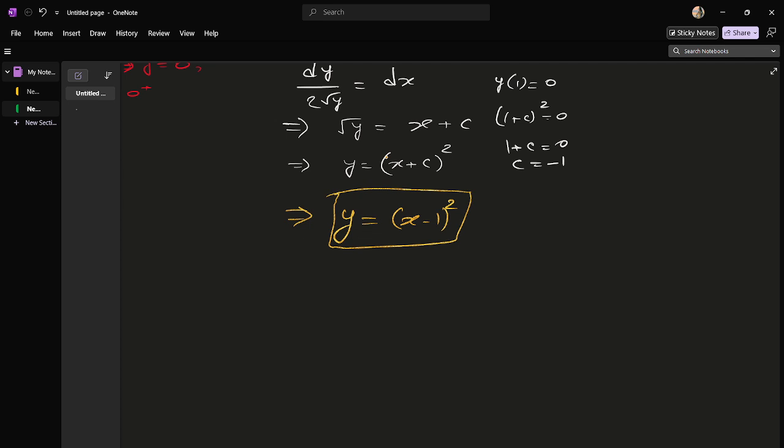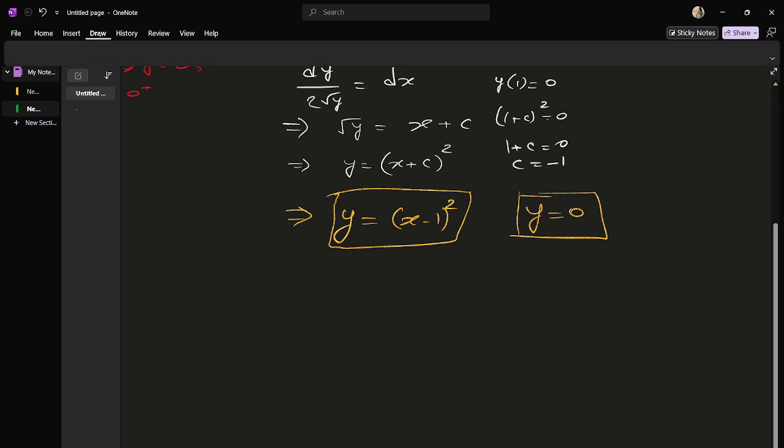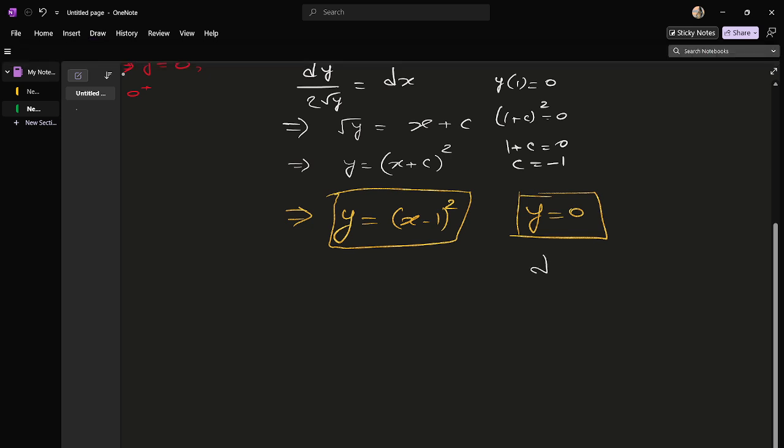Another potential solution is the trivial one, y = 0. If we substitute it in our equation, we get dy/dx = 0, which equals 2 times 0, so it is valid. Thus y = 0 is also a solution.